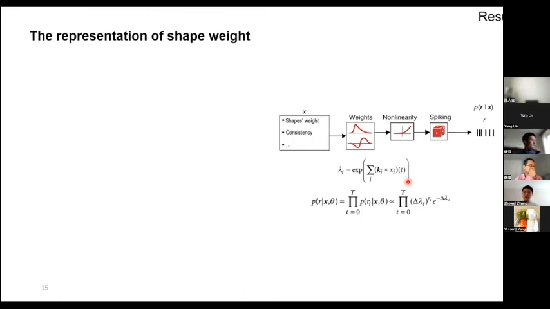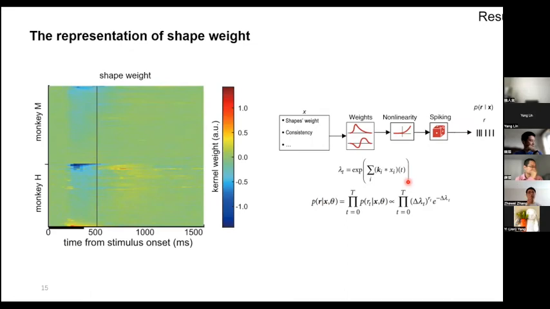The kernel from this GLM captures the dynamic relationship between the external variables and the neurons' spiking probabilities.